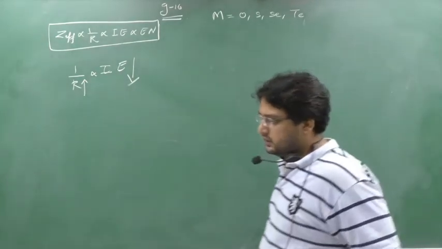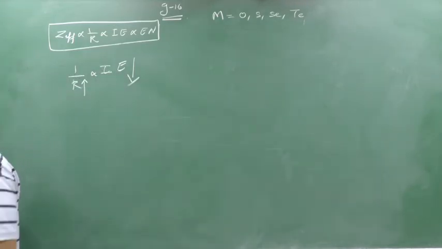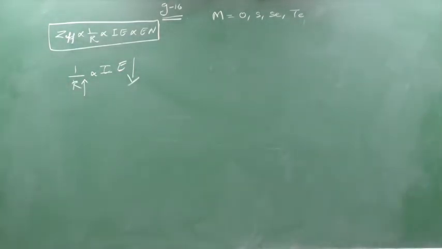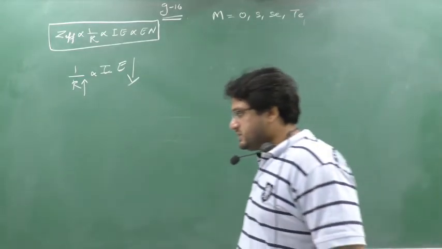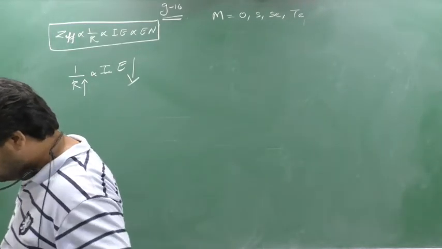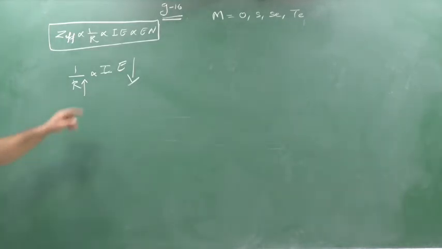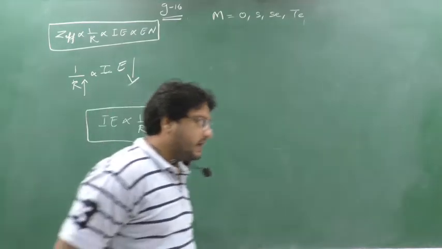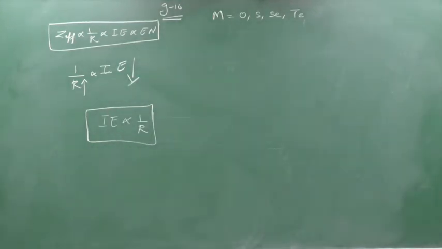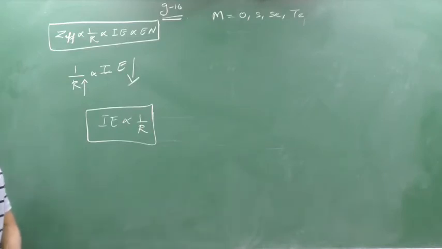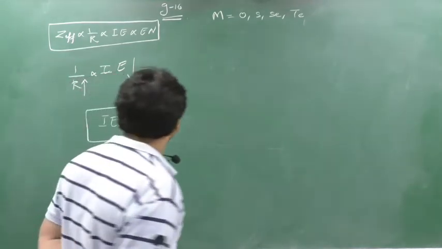Write down: as we move downside the group, size increases, but IE is inversely proportional to R, due to this ionization enthalpy decreases moving downside the group.